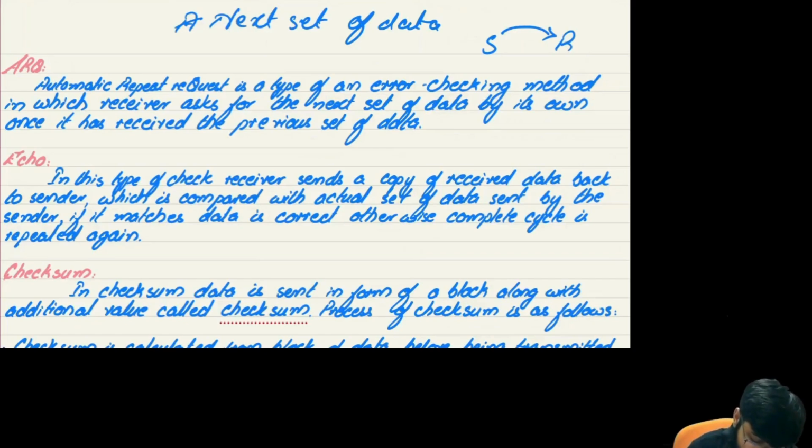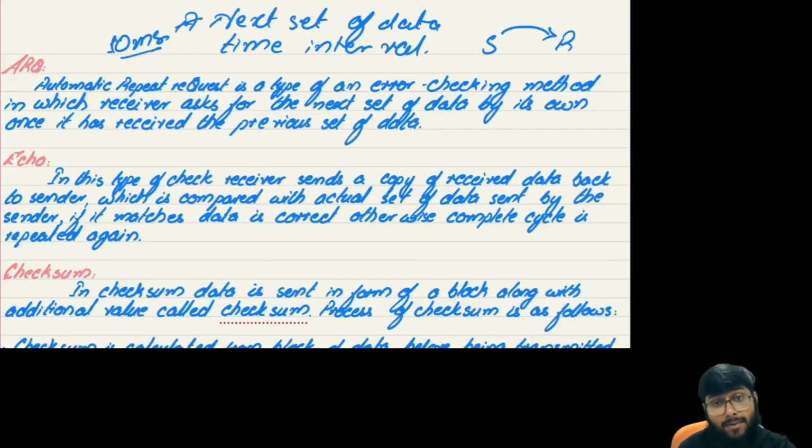For example, let's suppose the time interval was set by the network administrator at 10 milliseconds. That means within 10 milliseconds, the receiver should ask the sender for the next set of data.